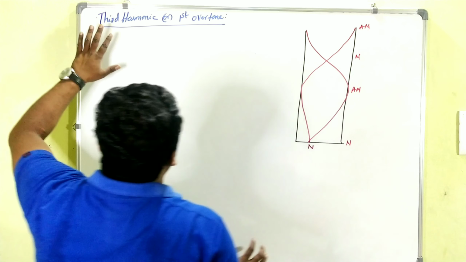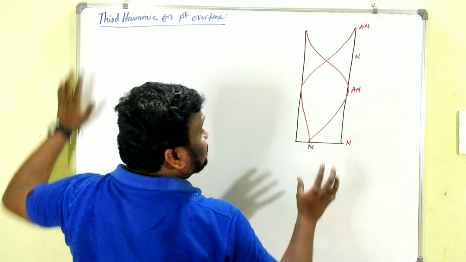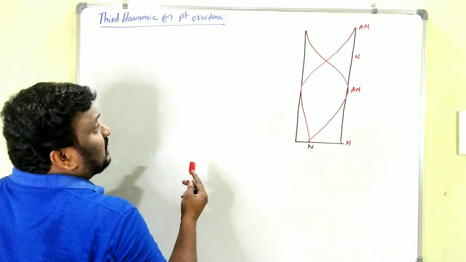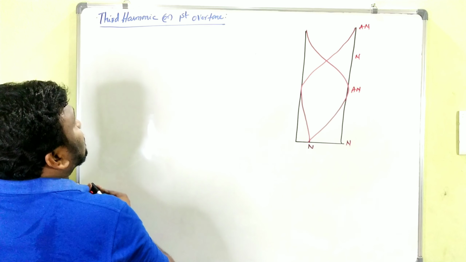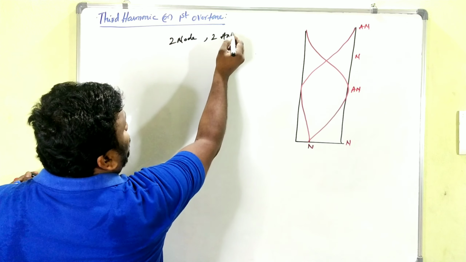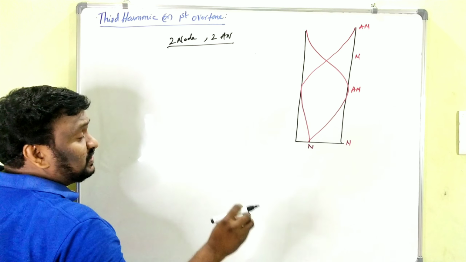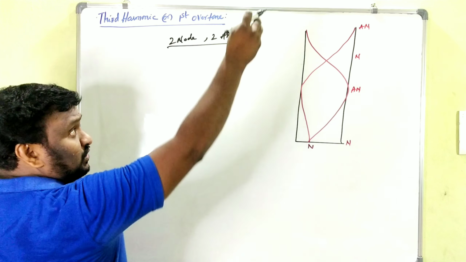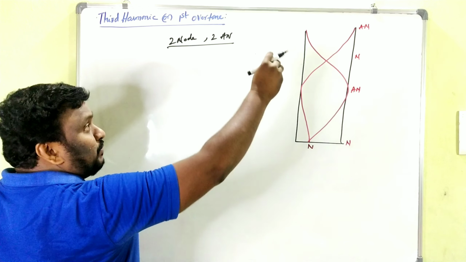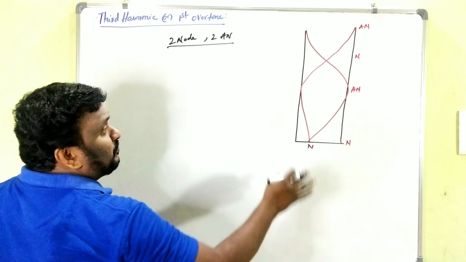That should be shown in the figure very clearly. In this case, you have to observe that in closed pipes, nodes and antinodes are equal in number. Number of antinodes should be equal to the number of nodes.